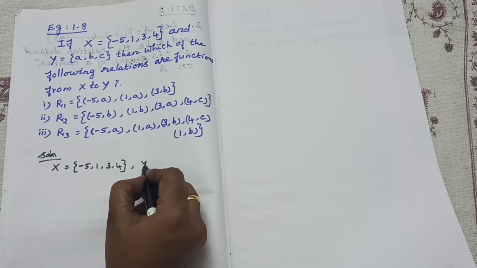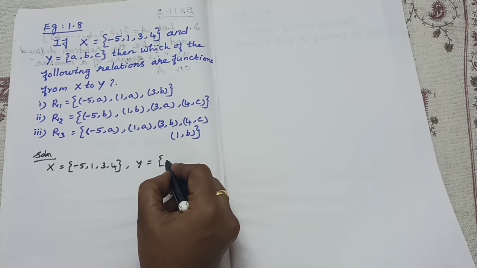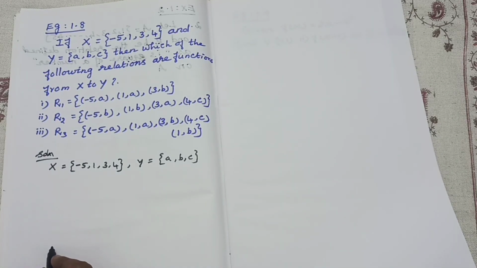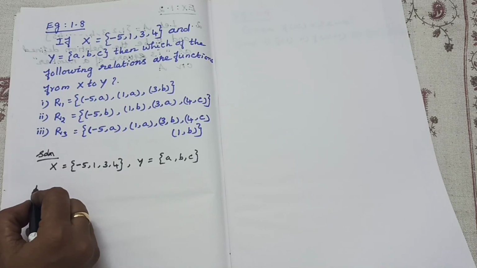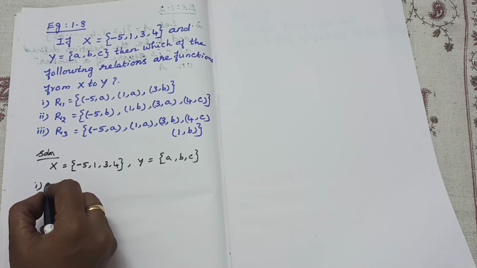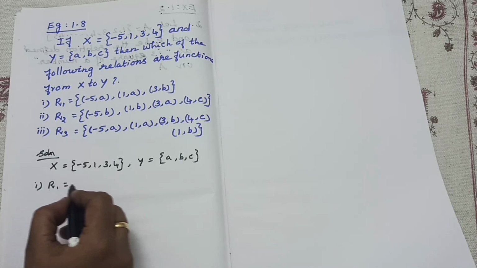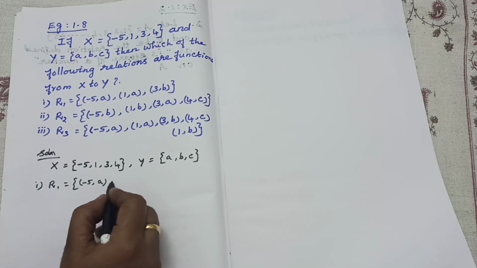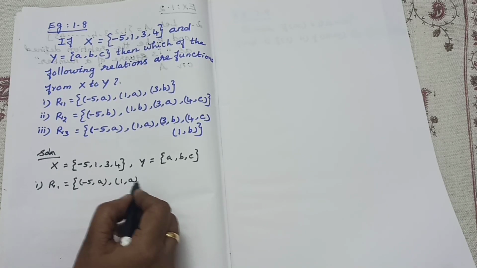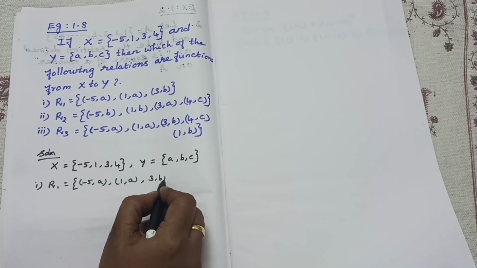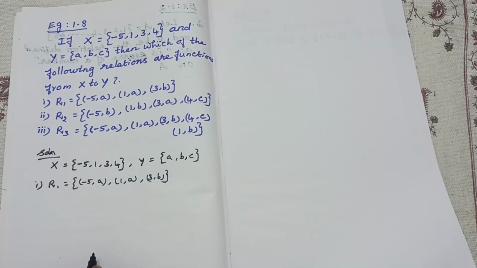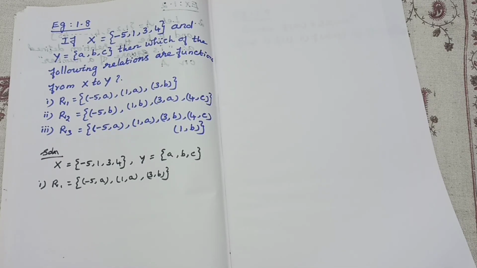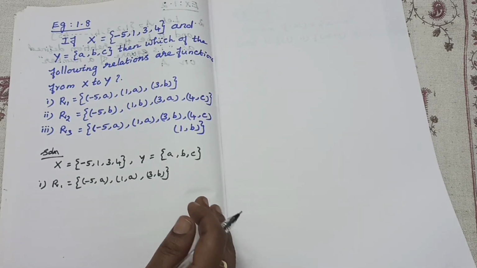Then Y is equal to the set of A, B, C. Then our first question is R1 is equal to the first relation, the set of minus 5 comma A, 1 comma A, 3 comma B. Then shall we represent the relation R1 in the arrow diagram?